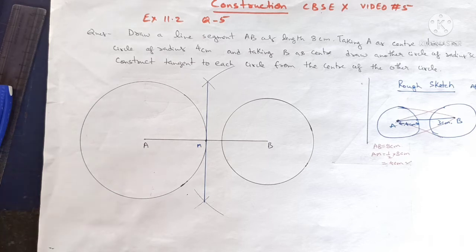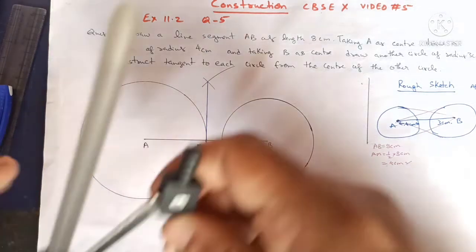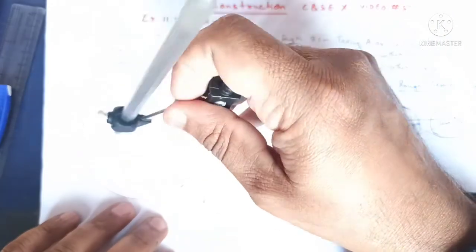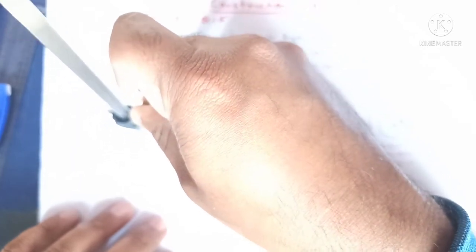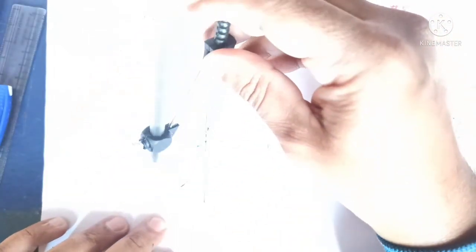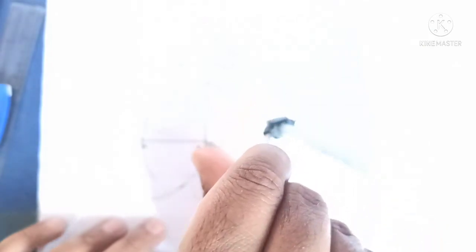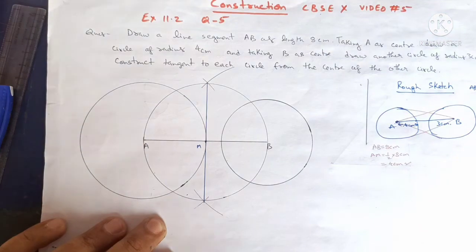Now with M as the center, we will take the radius equal to 4 centimeter, that is AM, and draw a circle that will intersect the other two circles at 2 points.